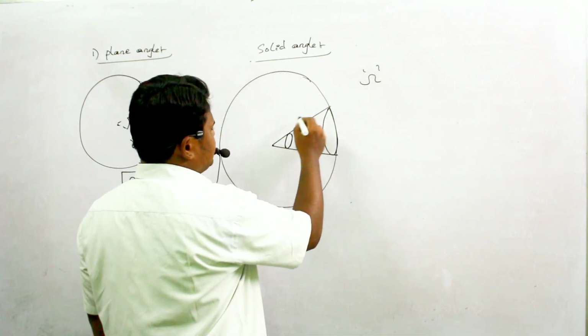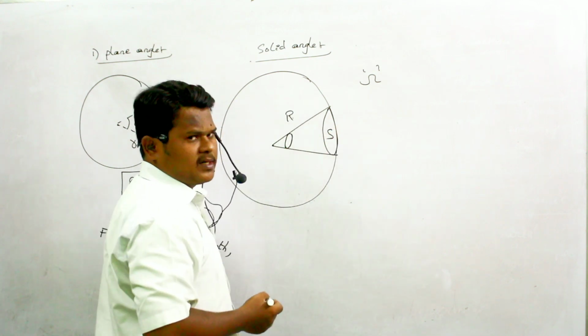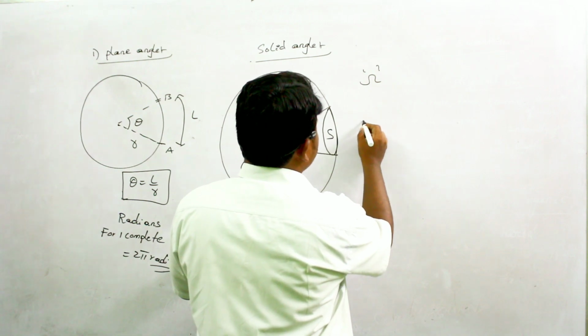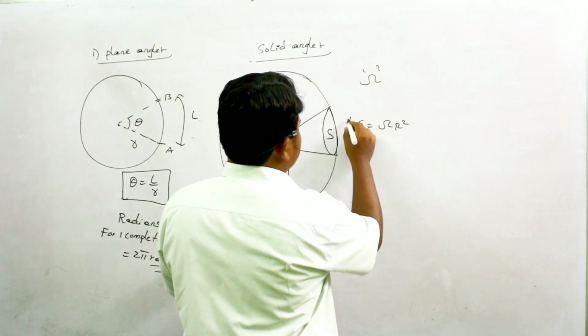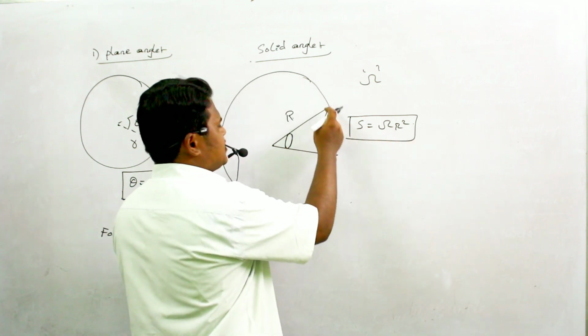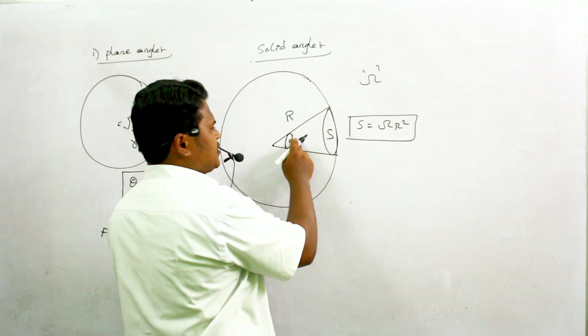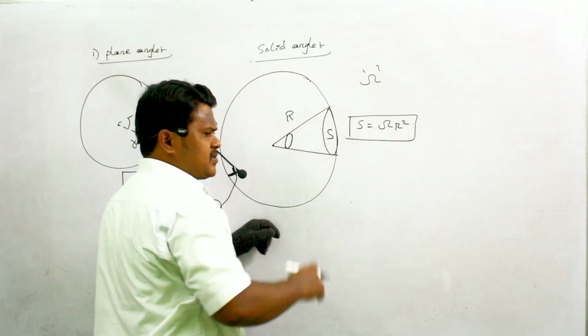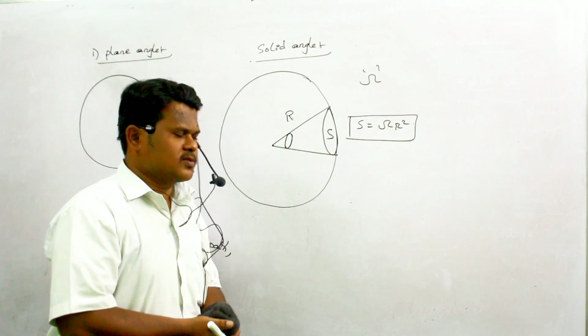If the radius of this sphere is r and the surface area cut is s, then I can write s is equal to sigma r square. This is the relation between the surface area which we have cut, the solid angle formed at the center, and the radius of this sphere. So S is equal to sigma into r square.